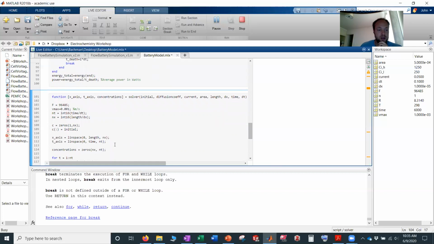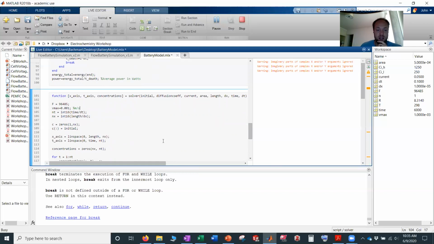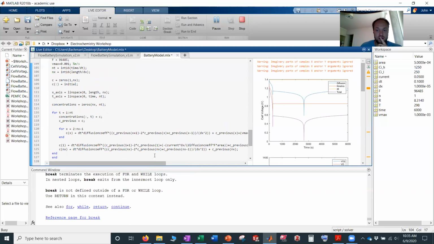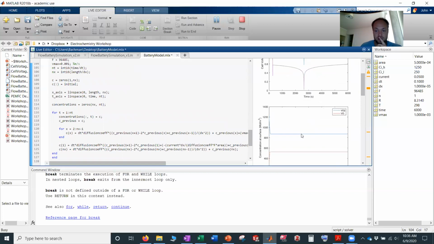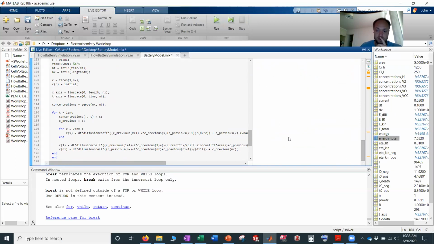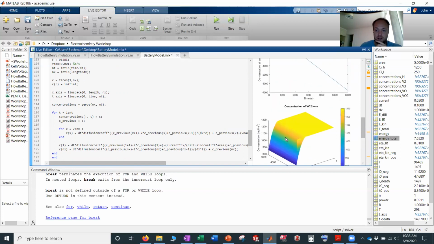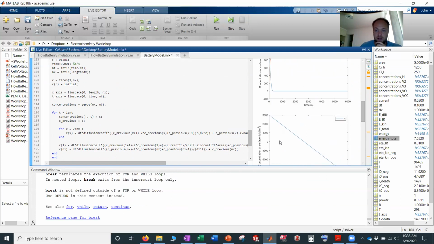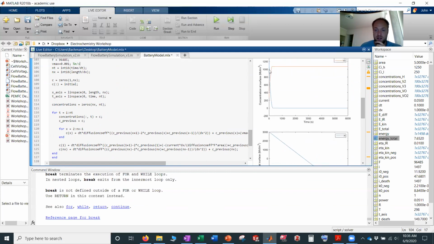And the next thing we can start to think about is changing this. Interesting. So what you see is it comes down and it reaches a steady state basically. So we don't have enough flow actually.